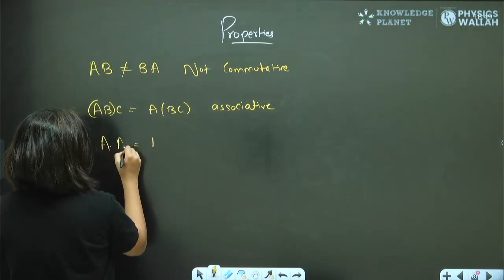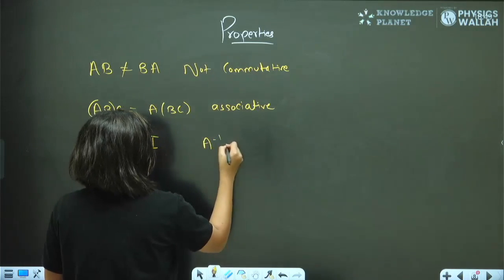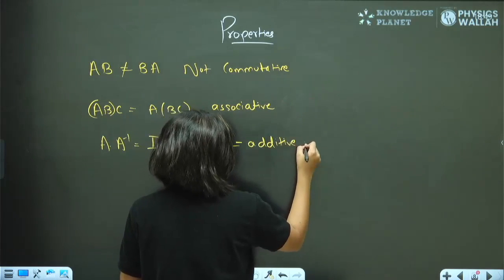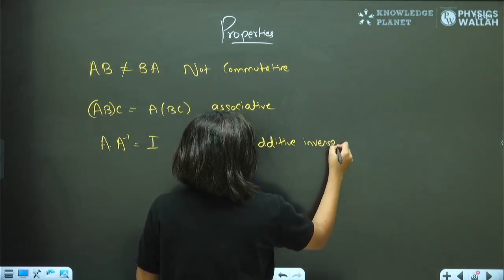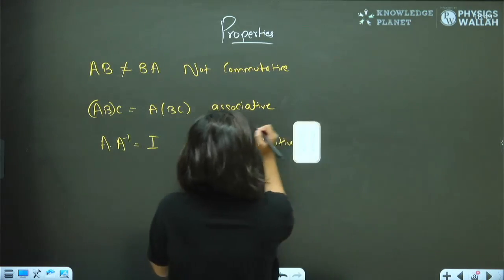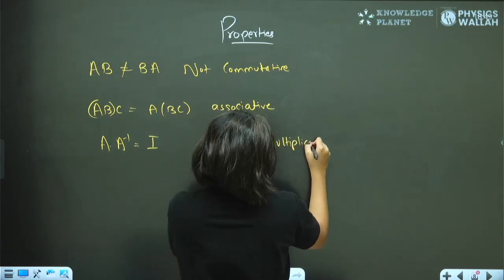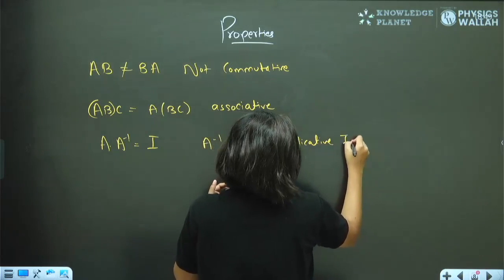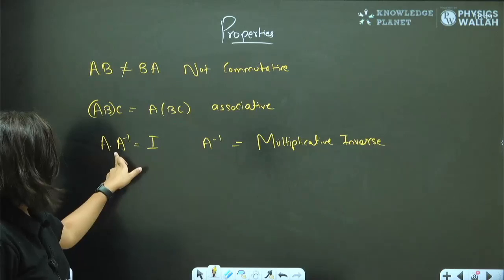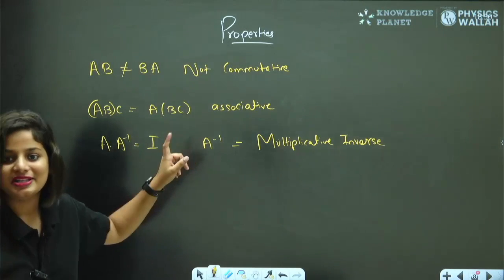So A into A inverse will give me I. That was additive inverse, sorry, in other words I can write it as multiplicative inverse. There it was additive inverse. Here it's multiplicative inverse. When I multiply A with its reciprocal, I get I. I is an identity matrix, right guys?